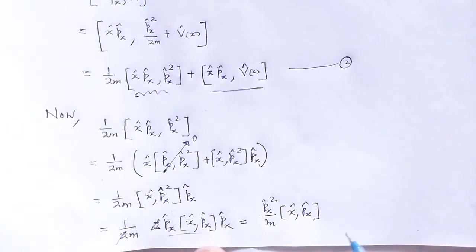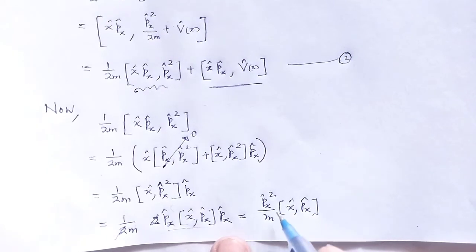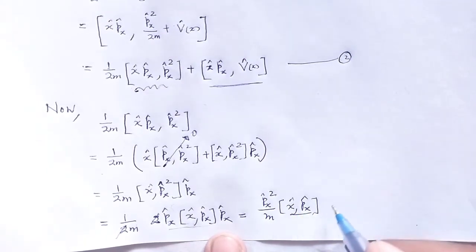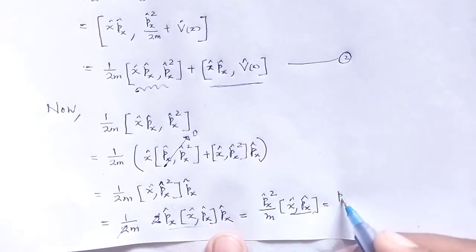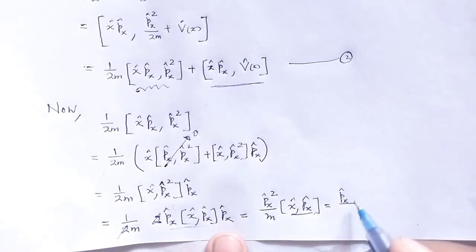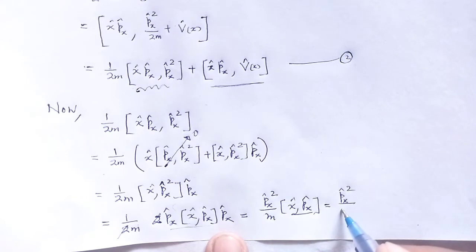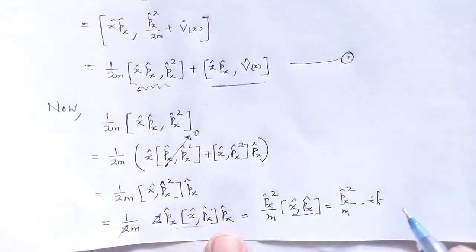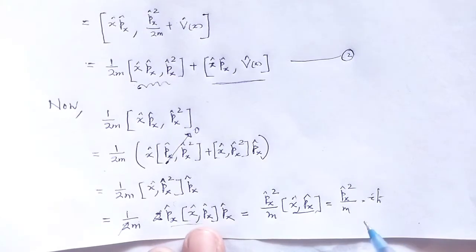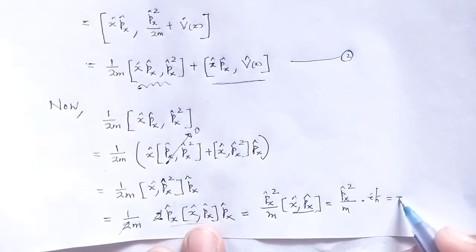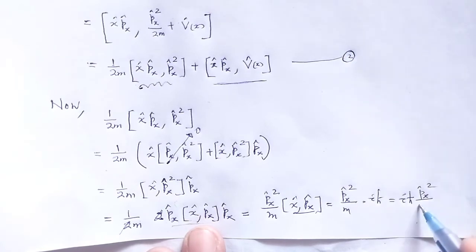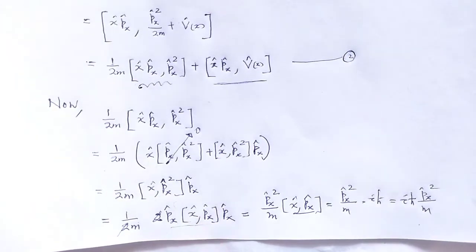The commutation relation between position and momentum is i h cross, so we have i h cross px cap square divided by m.